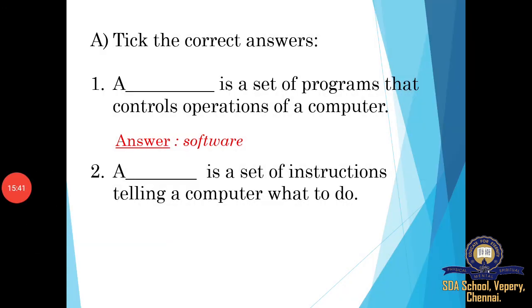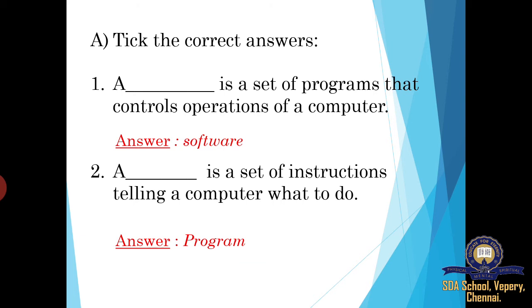Then the second question: dash is a set of instructions telling a computer what to do. Program. Yes. In your textbook, they give many options. You have to tick that option.